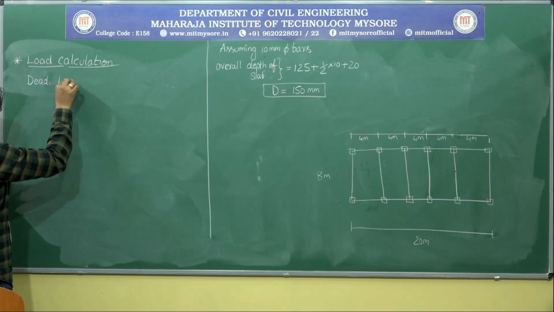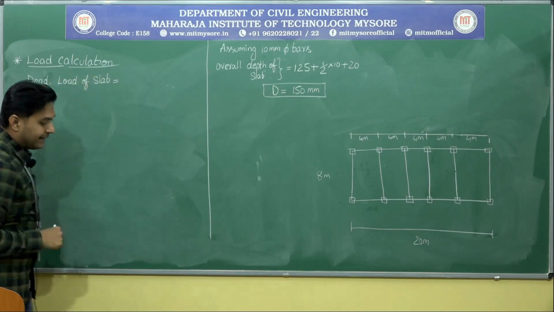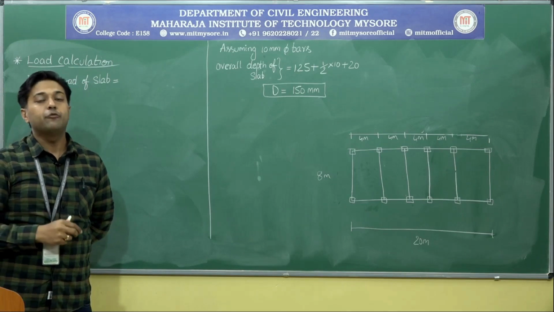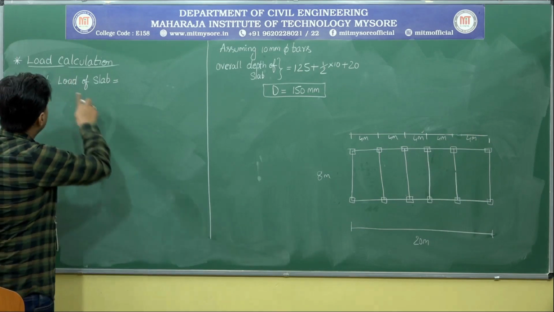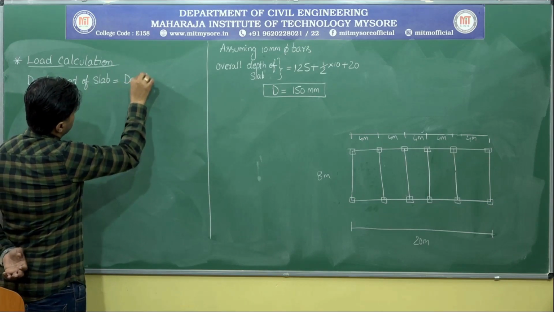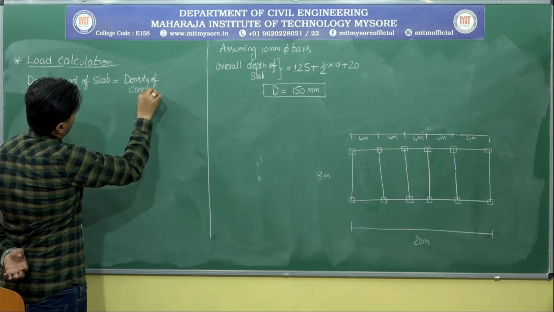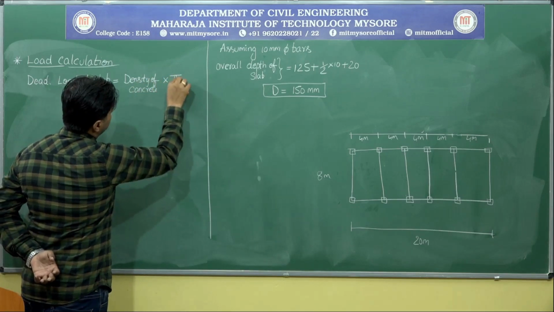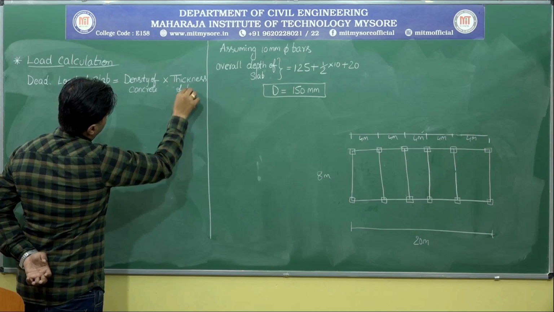Dead load of slab. So how to calculate the dead load of slab? It will be given in kilonewton per meter square. The dead load of the slab means density of concrete, in kilonewton per meter cube, into thickness of the slab.